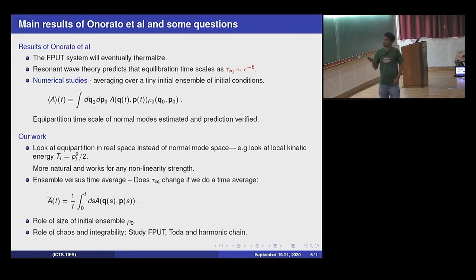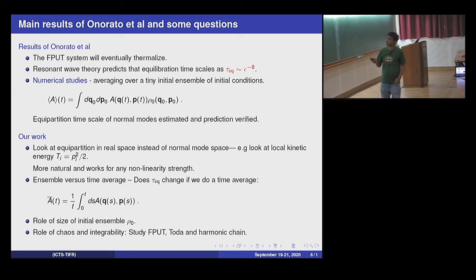In this paper they also do numerical studies and they verify this. One of the things they do in the simulations is that you don't start from one initial condition, because if you start from one initial condition, you can never see any equilibration. You'll always see that things are just fluctuating all the time. So you have to do some sort of averaging. You can do either a time average or an ensemble over initial conditions.